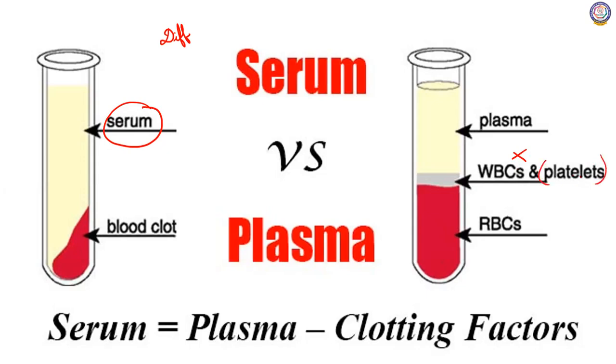The clotting factors, which are in the platelets, will be removed. So plasma minus clotting factors is equal to serum. That's the major difference between serum and plasma. So the blood clots here because of the absence of clotting factors, and the blood won't clot there because of the presence of clotting factors.